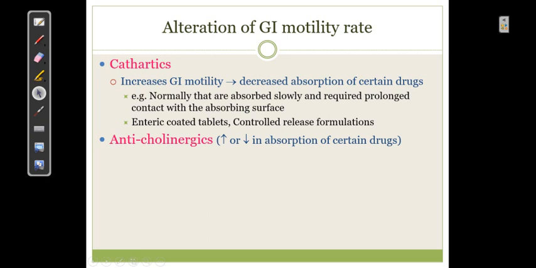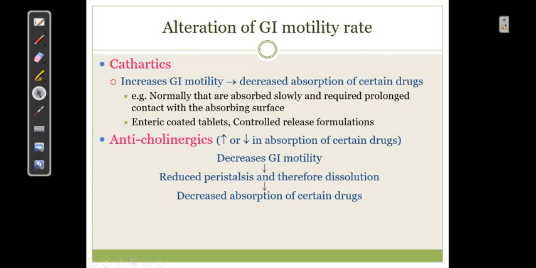But how can an anticholinergic drug reduce the absorption of certain drugs? The explanation can be that if there is a reduction in GI motility, the peristalsis movement is reduced. If peristalsis is reduced, the dissolution of the drug can also be reduced, and in such a case a reduction in absorption can be observed. So it depends on the property of the drug.